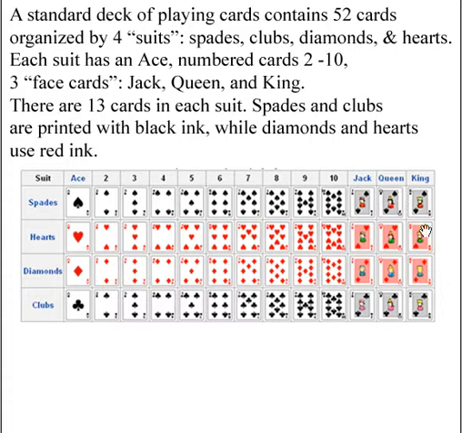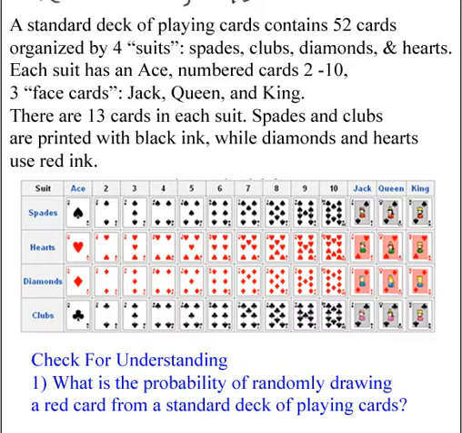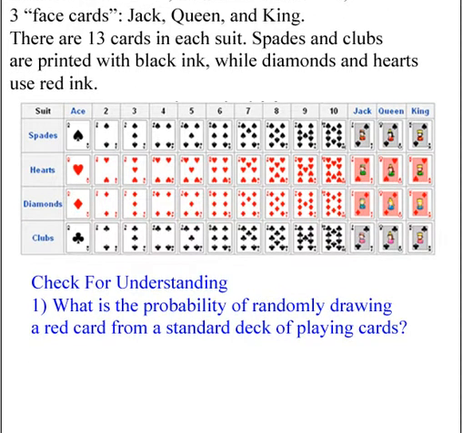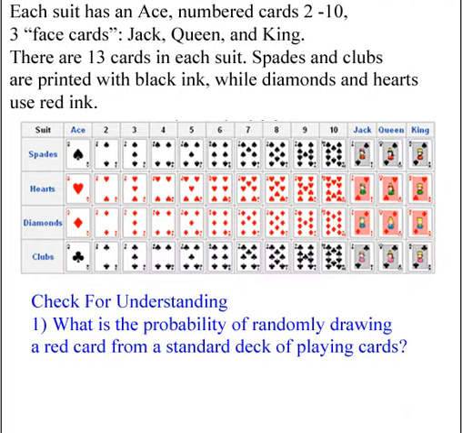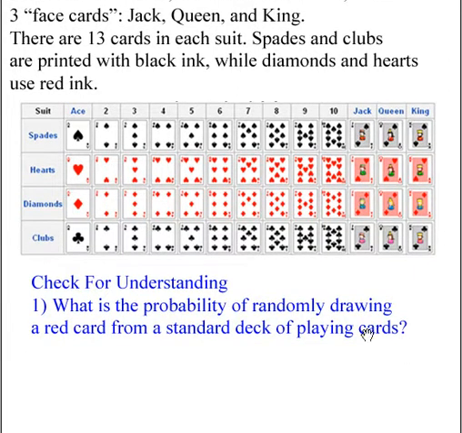So what's the probability of randomly drawing a red card from this standard deck of playing cards? We're going to do this one together. There are 52 cards, so our denominator, there are 52 possible outcomes. And as we said, there are 13 cards in each suit.